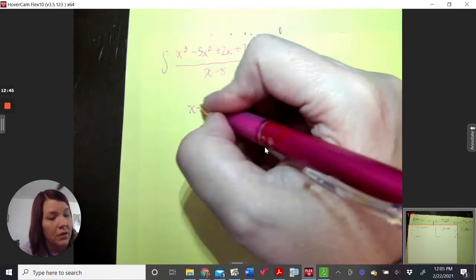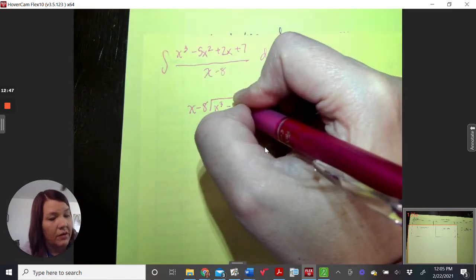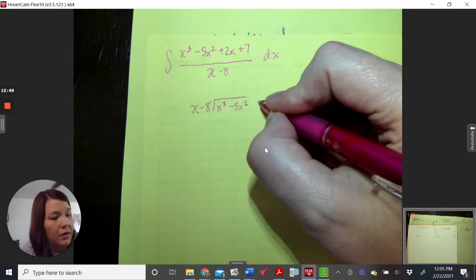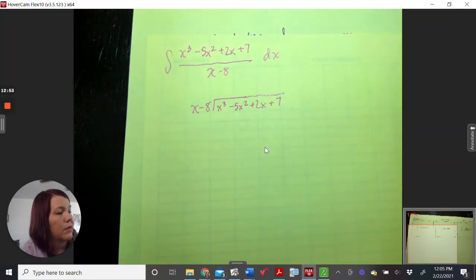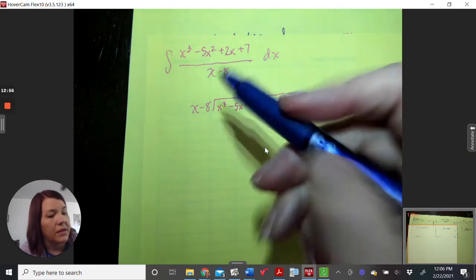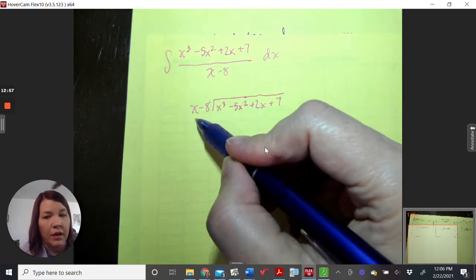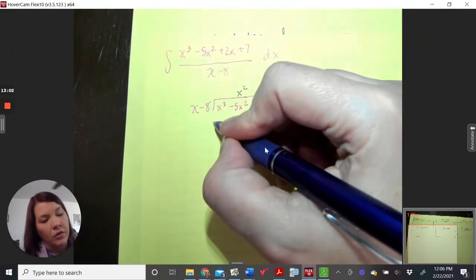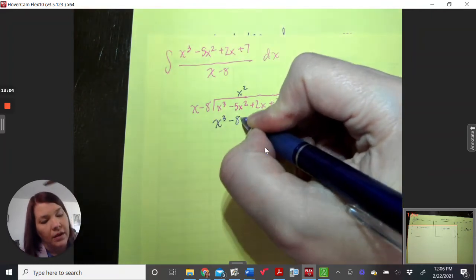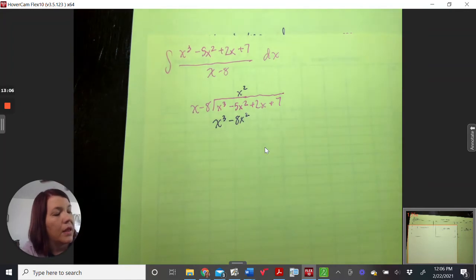I need to make x cubed, so I'm going to multiply by x squared, which gives me x cubed minus 8x squared. Then I will subtract. In this case, we'll change the signs, which will give me 3x squared, bring down the 2x, and the sign with it.